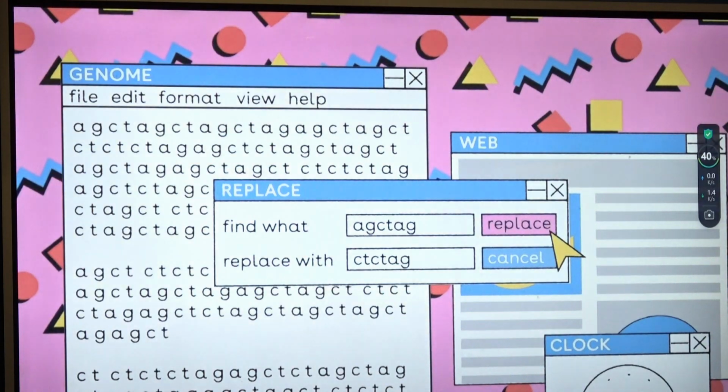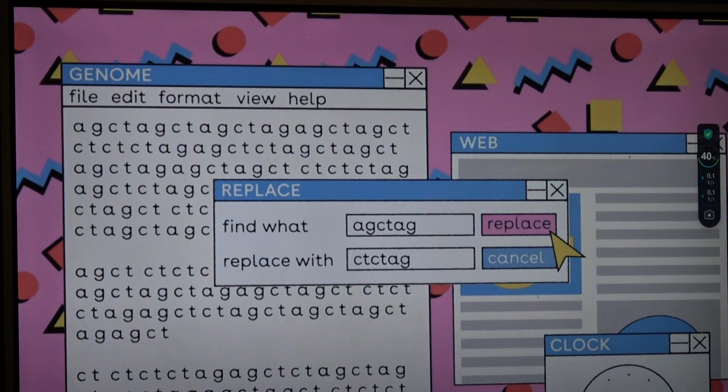Next slide. So here, by doing this, we're able to see, let's pretend AGCTAG is a DNA sequence. And by replacing that with CRISPR, we're able to replace that sequence with something else, because we're able to locate and fix onto that sequence and hijack it. By doing that, we're able to replace that with something maybe like CTCTAG. Does anyone know why we want to do something like this?